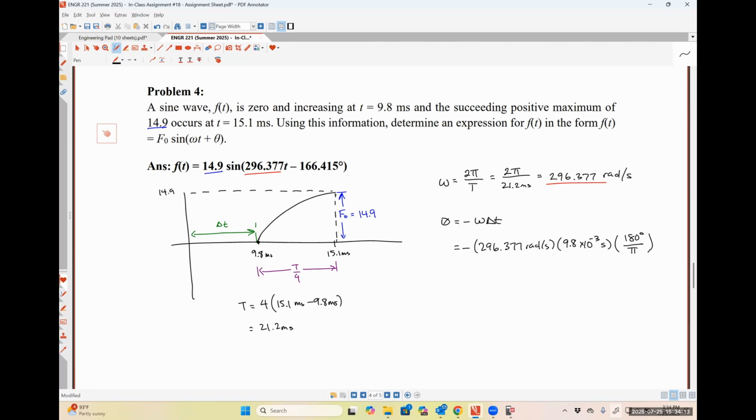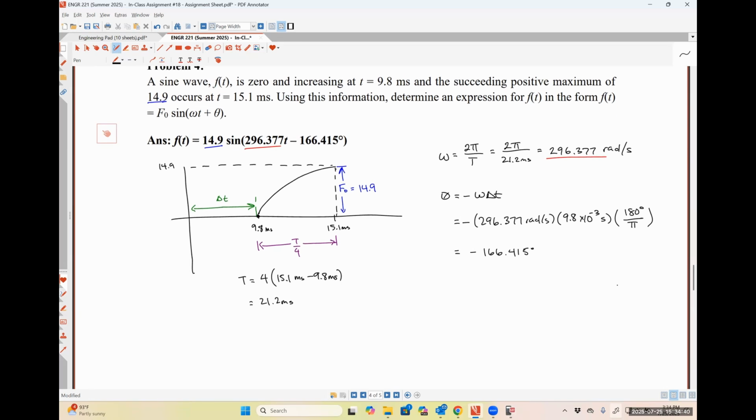And when I put that into my calculator, negative times answer times 9.8 times 10 to the minus 3 multiplied by 180 over pi, I get negative 166.415 degrees.